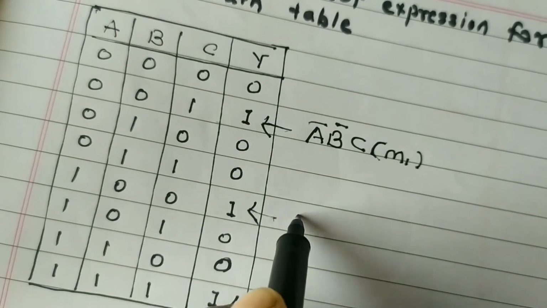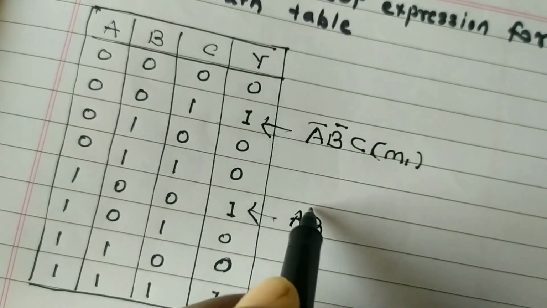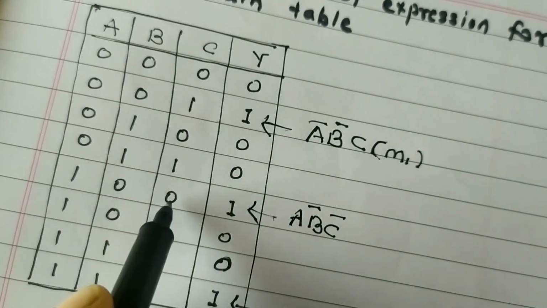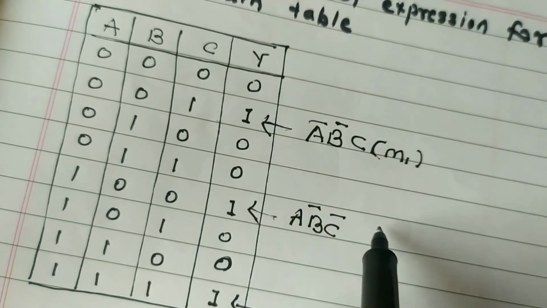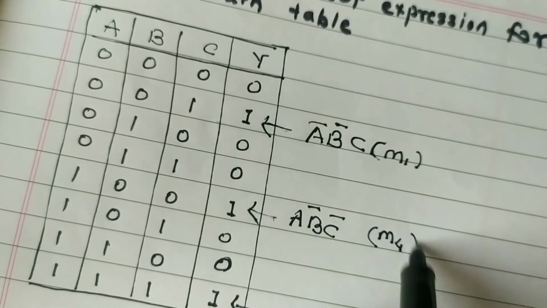Second is A, B bar, C bar. B and C values are low. This is for the fourth, therefore m4.